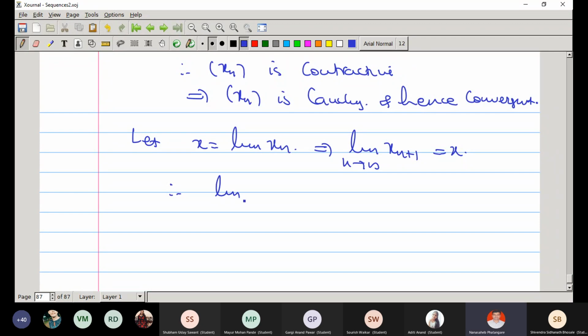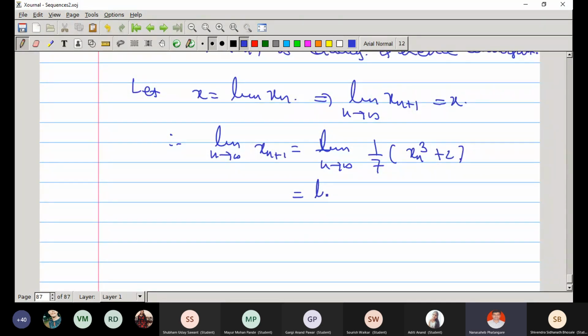Therefore the limit of x_{n+1} is the limit as n tends to infinity of 1/7 times (xn cubed plus 2). By properties of limits, it is just 1/7 times the limit of (xn cubed plus 2).